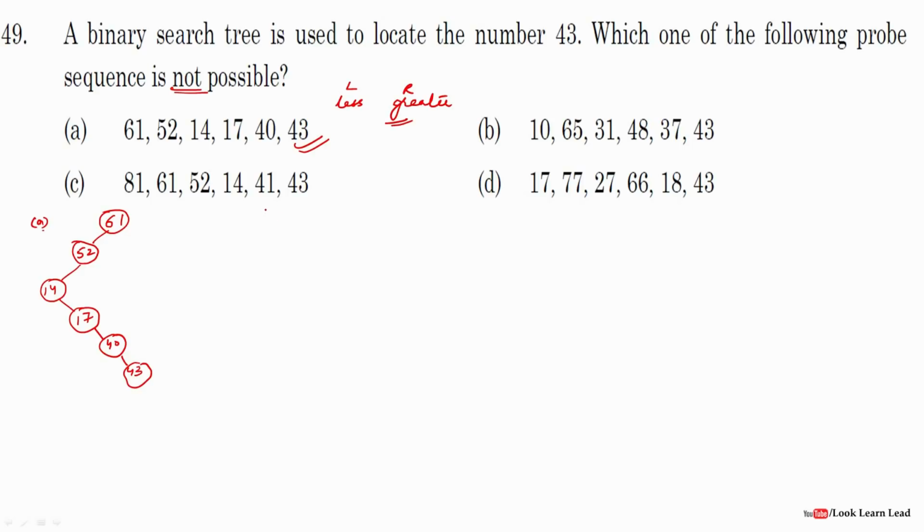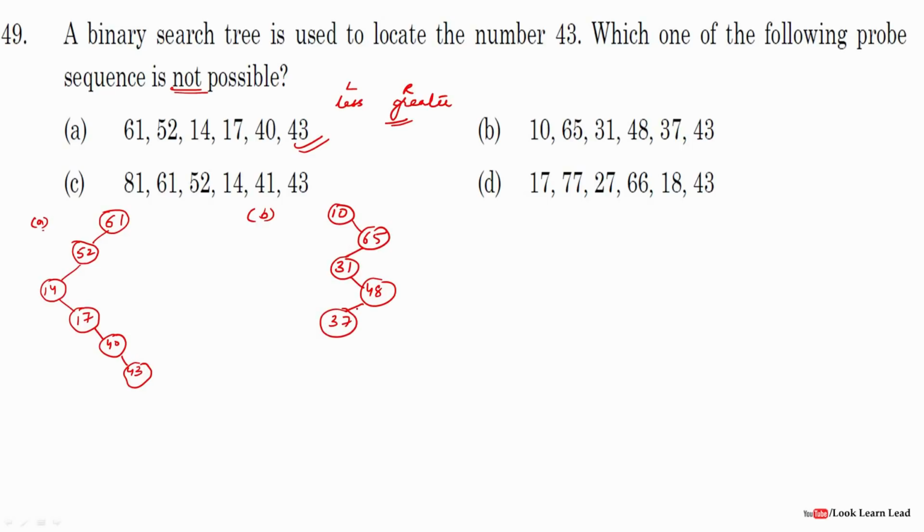So let's make a tree for the B option. I'll start with 10. 65 is greater than 10. 31 is greater than 10 but less than 65. 48 is greater than 10 but less than 65 and greater than 31. 37 is greater than 10, less than 65, greater than 31 but less than 48.